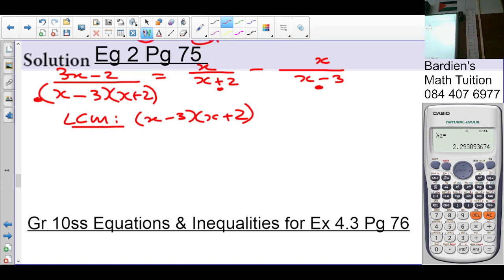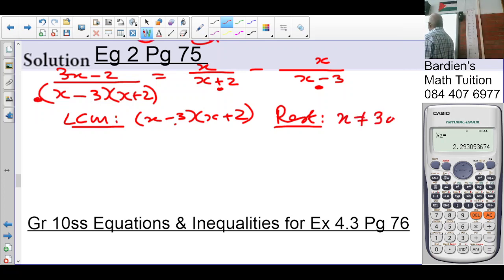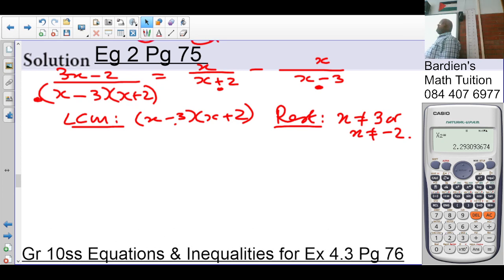Yes. So that's my LCM. What's my restriction? The values for which x can never be equal to. So x can never be equal to 3, or x can never be equal to, negative 2. Otherwise the sum will be undefined.